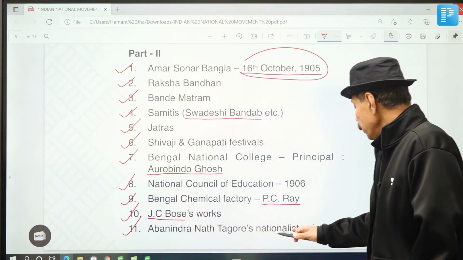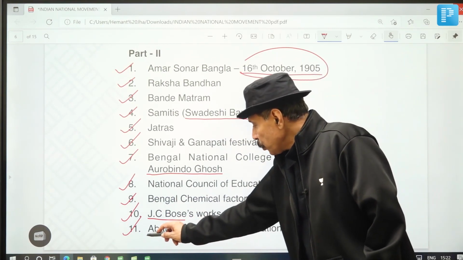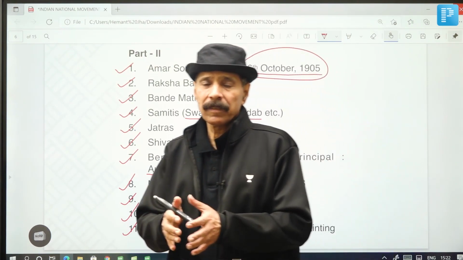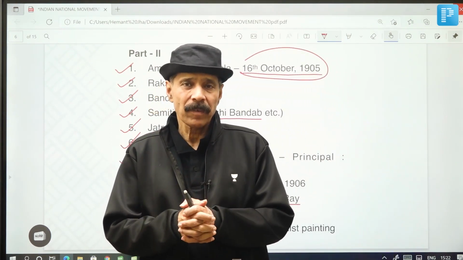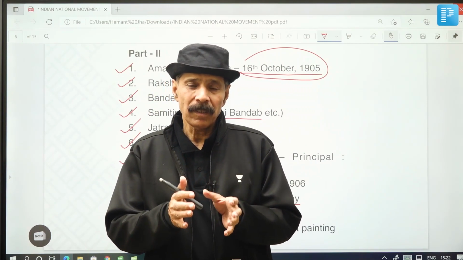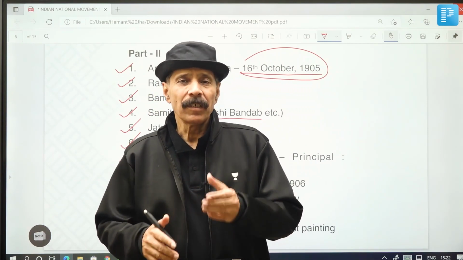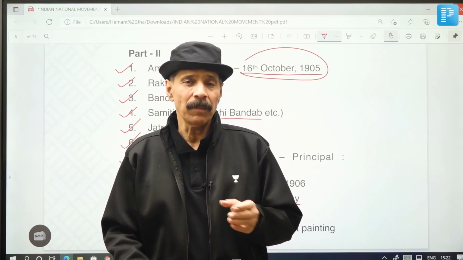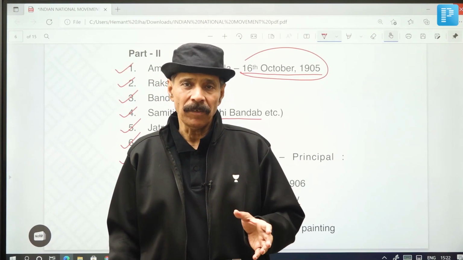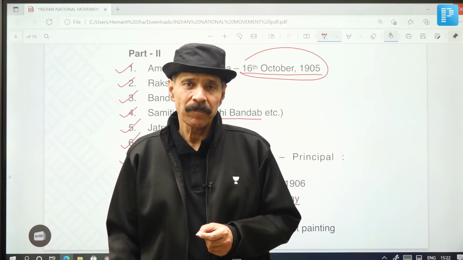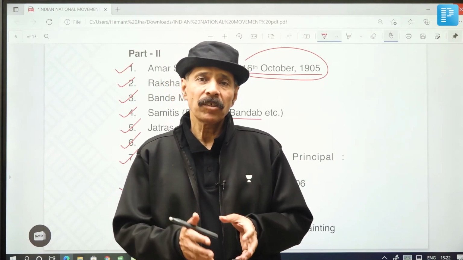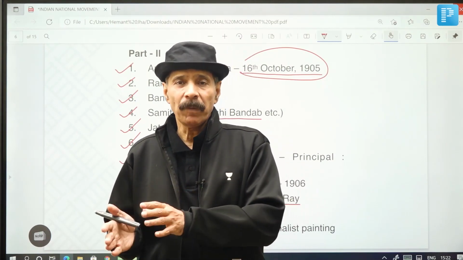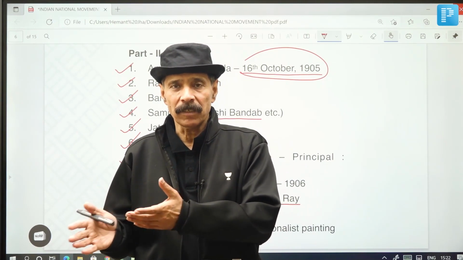Abanindranath Tagore's nationalistic painting. Abanindranath Tagore emerged as a painter that focused on nationalistic painting. He refuted the elements and the pattern of Western painting styles. And he took inspiration from the paintings of Ajanta, Mughal, and other Oriental painting like painting in Japan, China, Southeast Asia.